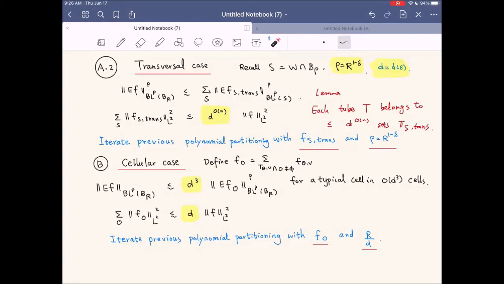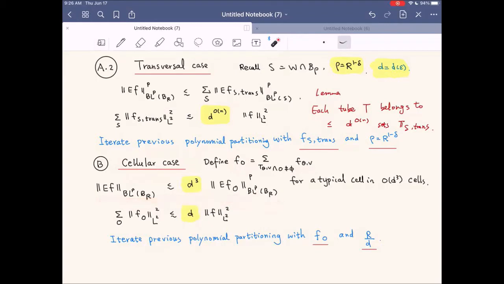Now, for the cellular case, we define the function f_O as summing over the wave packets intersecting our cell O. Then this is the definition of the cellular case.